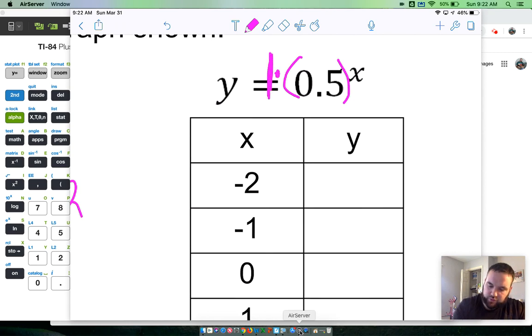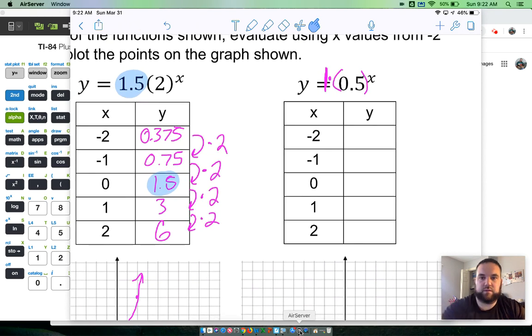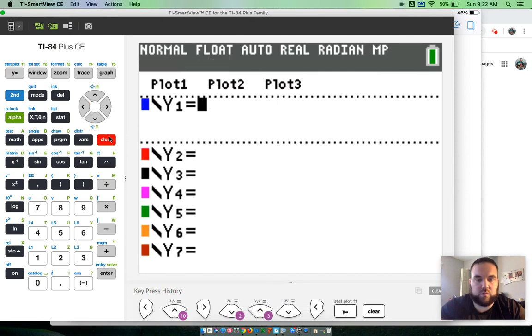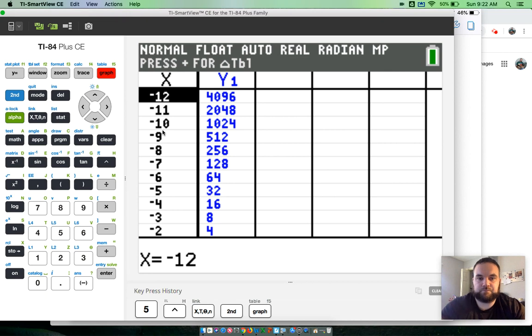So if you wanted to, you could put 1 times in there to keep it looking consistent. I'm going to go to the y equals. You can put the 1 in there, and I'll show that we get the same thing. So I'm not going to enter the 1 here. I'm just going to type in 0.5 to the x power and then go to the table.